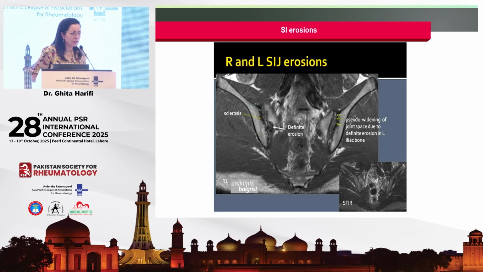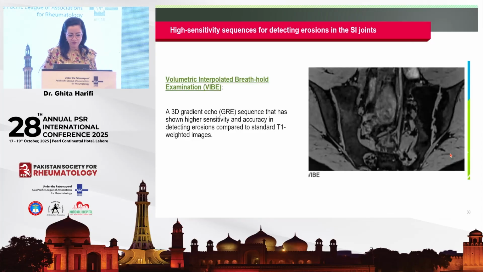Other structural changes are erosions, and sacroiliac erosions should be assessed on T1, as you know. You can see here multiple erosions associated with sclerosis and pseudo-widening of the joint space due to definite erosions in the left iliac bone. This is actually what leads to the pseudo-widening that we know of.